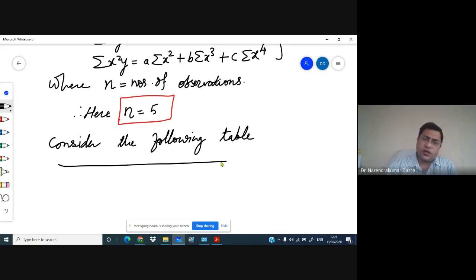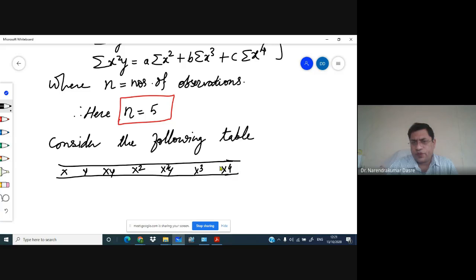The columns are x, y, x into y, x square into y, x cube, and x raised to 4.